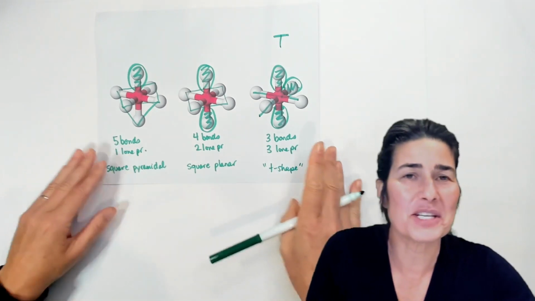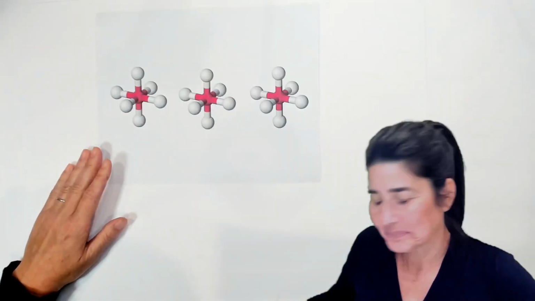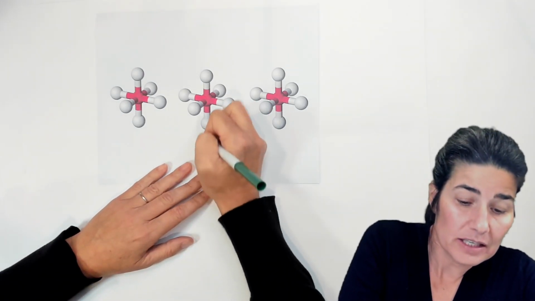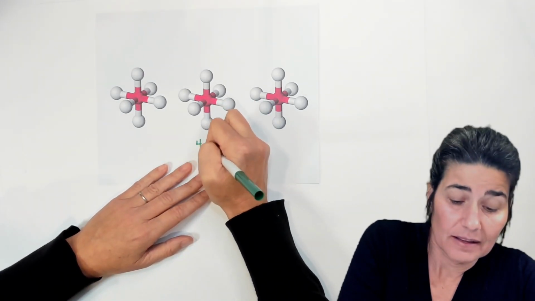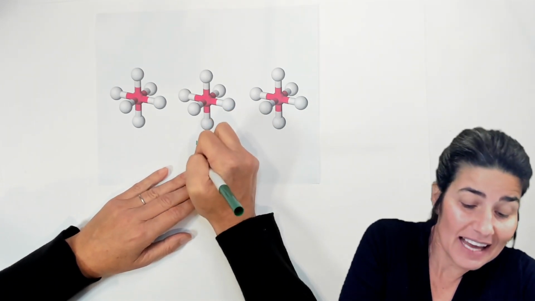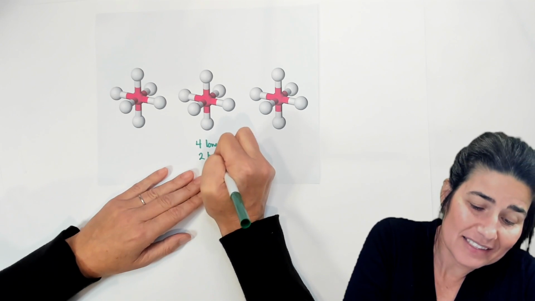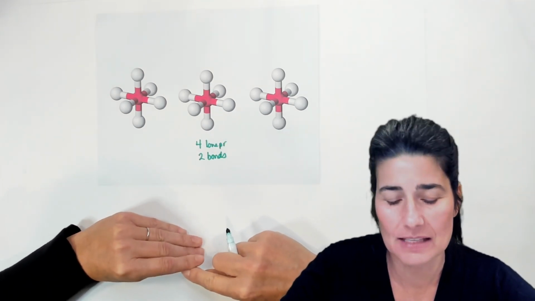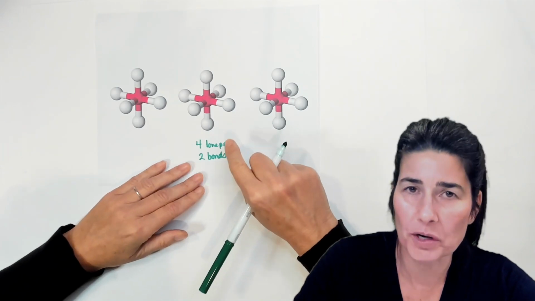All right, let's go for our last variation. Last variation has, oh dear, 4 lone pairs, and it has 2 bonds. So it still has 6 electron domains. Now we need to ghost 4 things out.